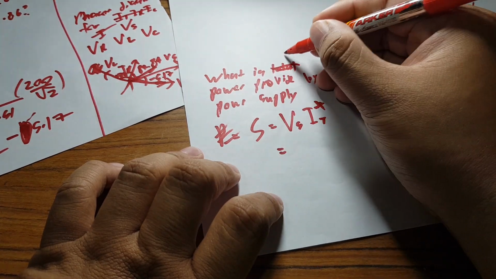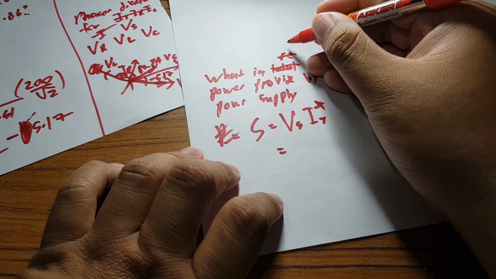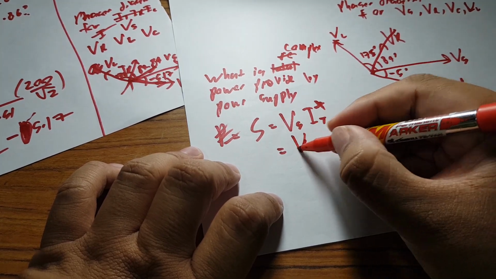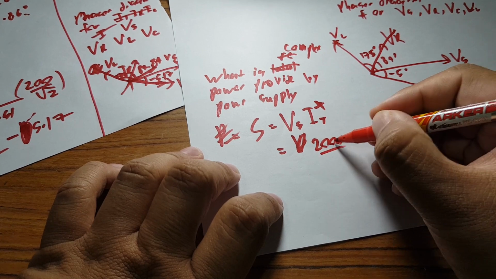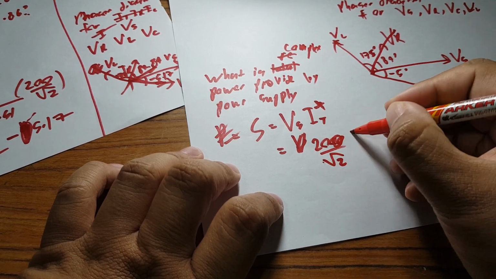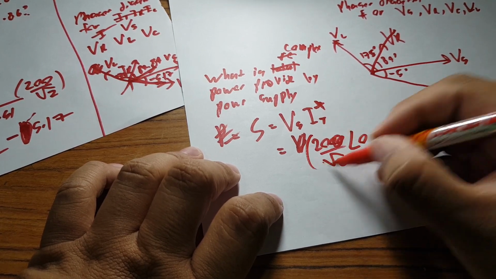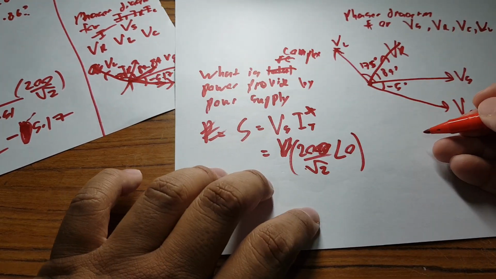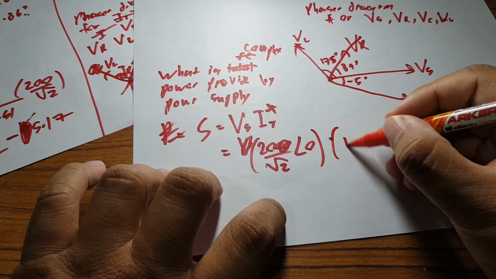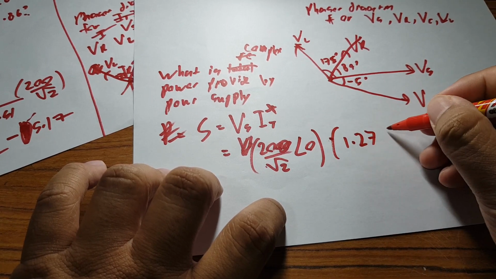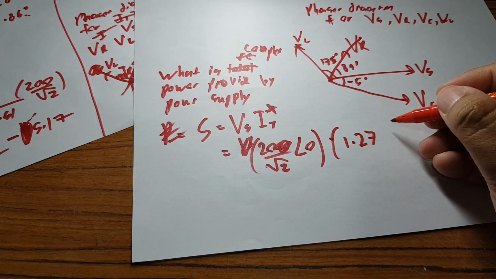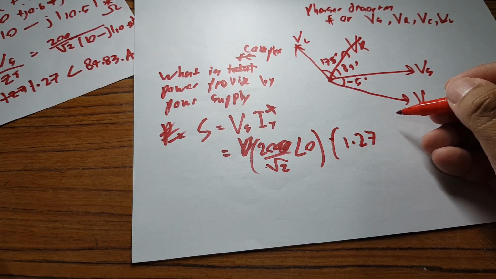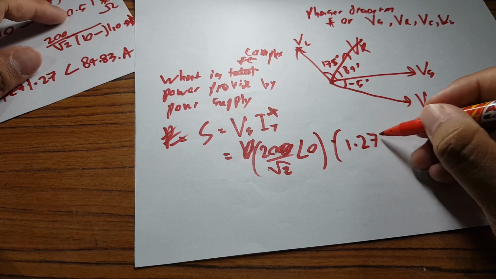If they ask real power, this one is complex power, okay. So Vs is 200 over square root 2 degree, okay. And IT is, where is it, 1.27, okay, 1.27 degree.